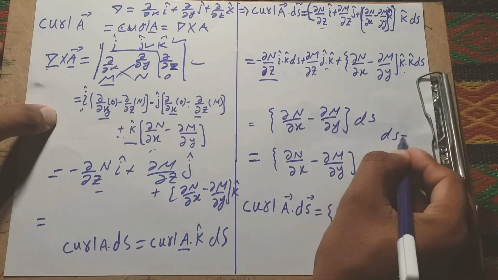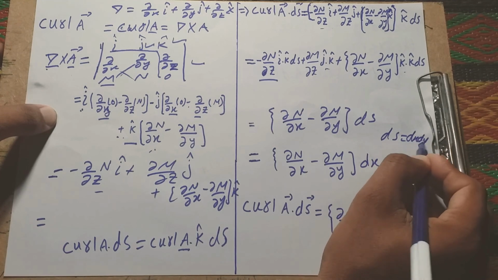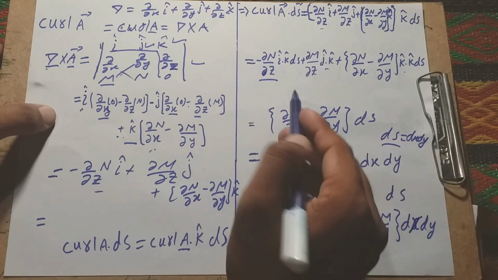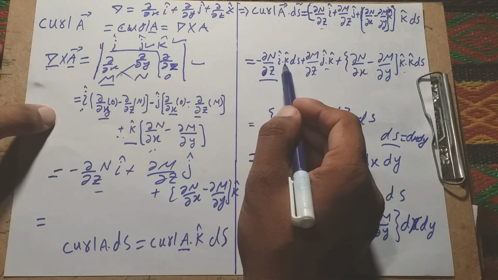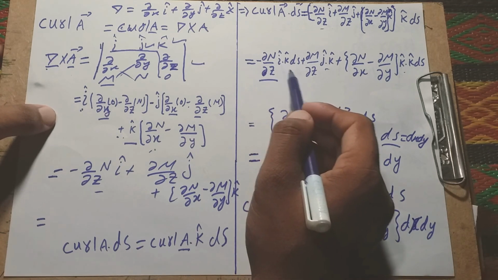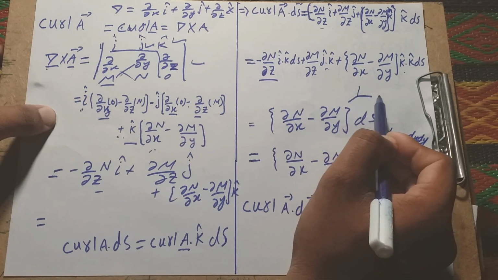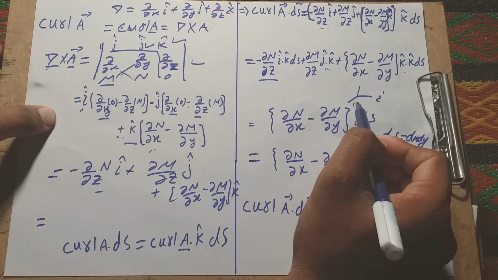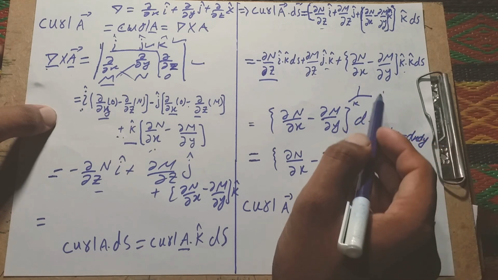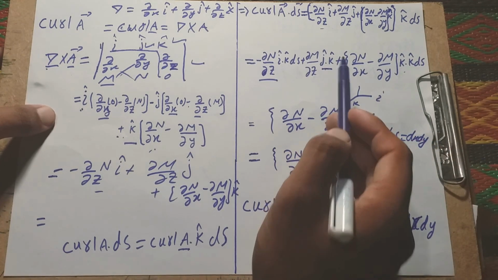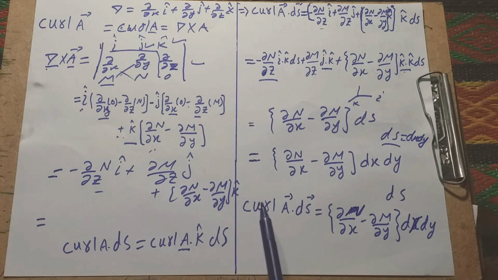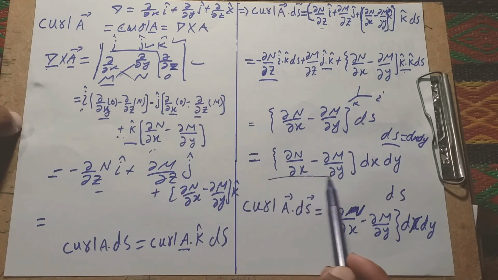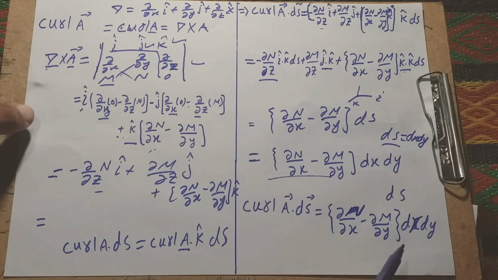And dS is equal to dx dy, which exists in two dimensions, because i is along the x-axis and k is along the z-axis, the angle between them is 90, cos 90 is 0, and only this gives answer 1. We proved this already.